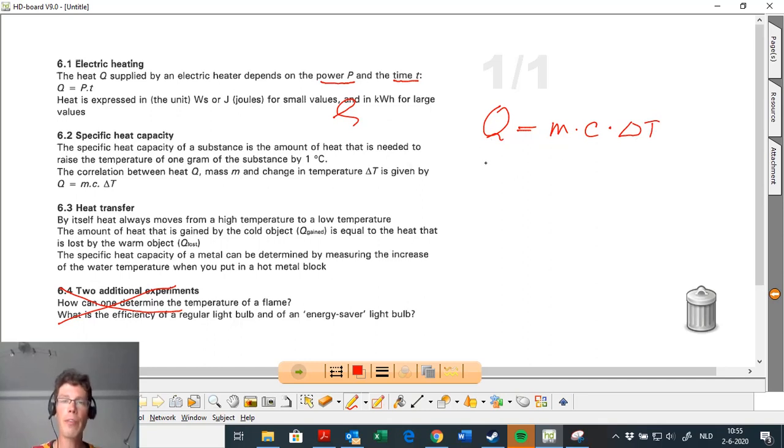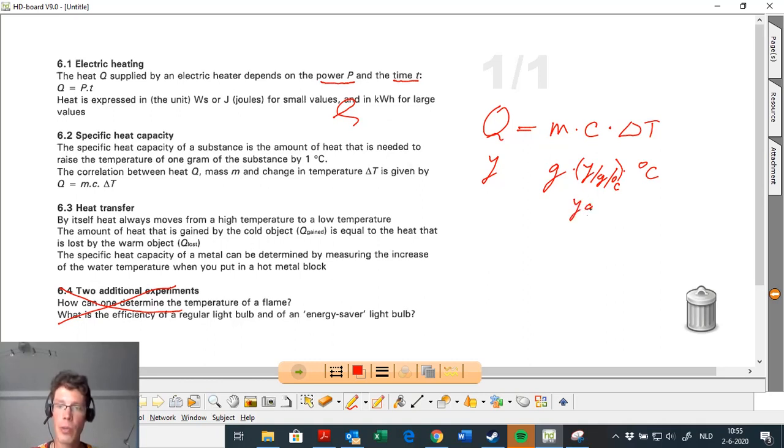For this formula, heat needs to be given in joule, the mass needs to be given in grams, temperature needs to be given in degrees Celsius, and that leaves the unit joules per gram per degree Celsius for specific heat capacity.